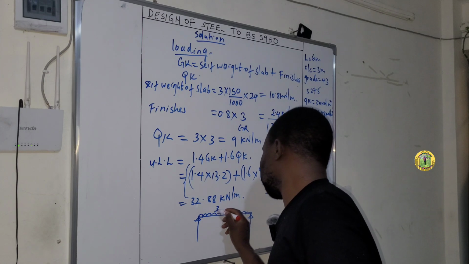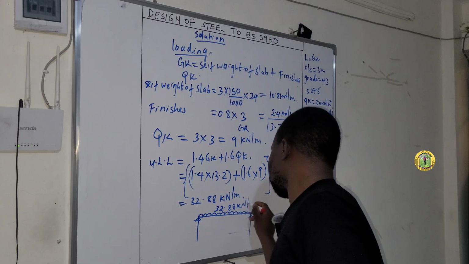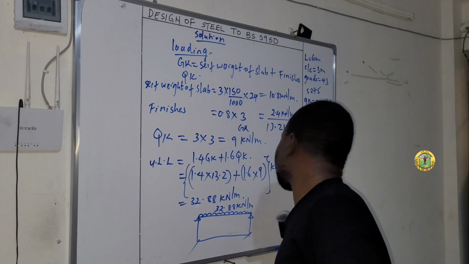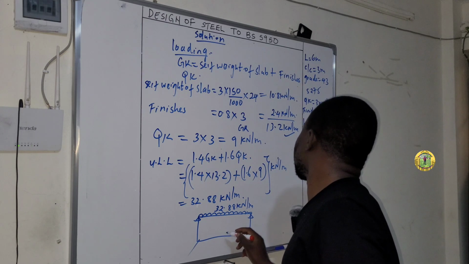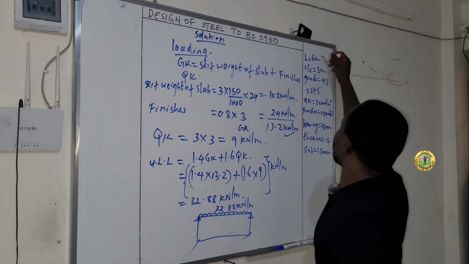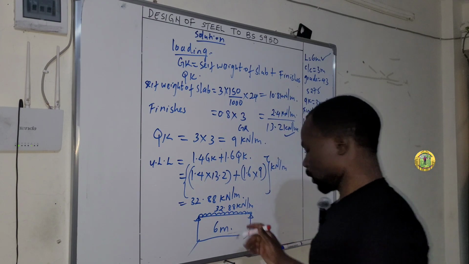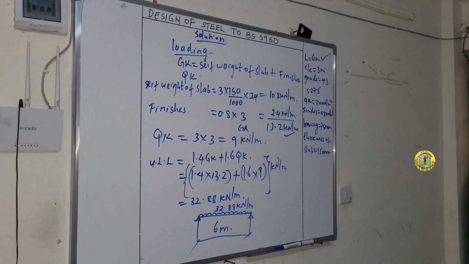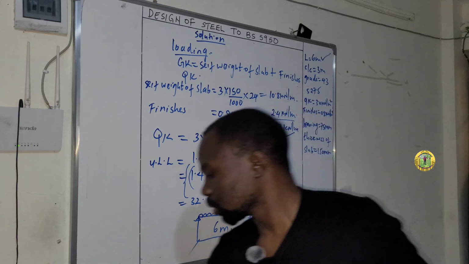So this is 32.88 kilonewton per meter, and the length is 6 meters. From this, you can now calculate the design moment and the design shear force.